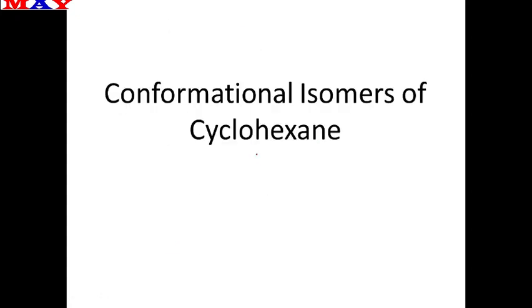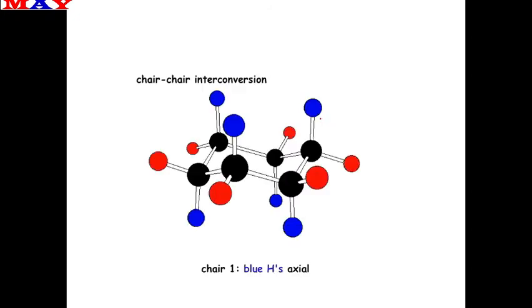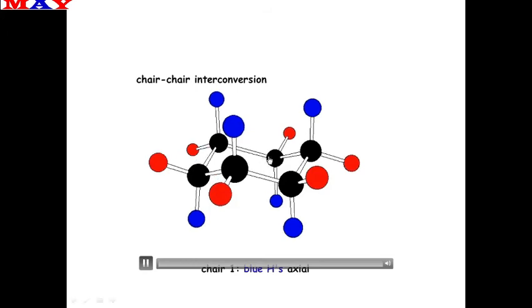Cyclohexane is a flexible structure, and this flexibility gives rise to different conformational forms in cyclohexane. We are going to study these conformational forms or conformational isomers. This is the cyclohexane ring, and basically this ring is flexible.